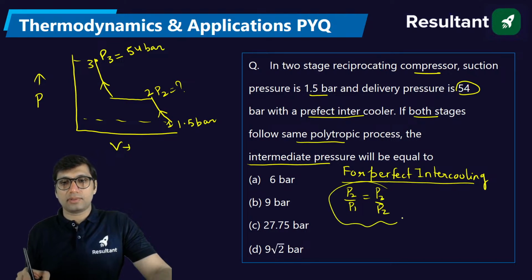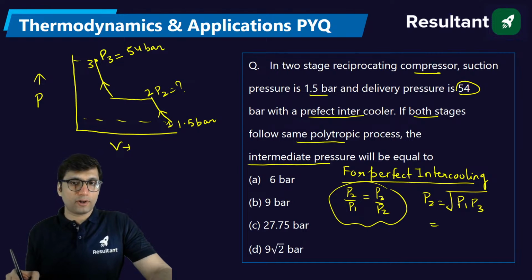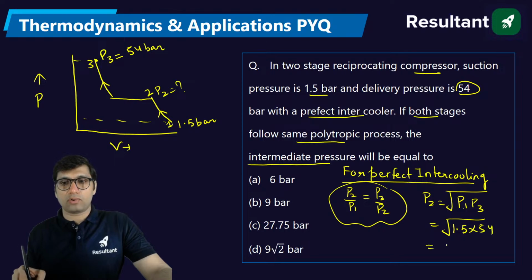Based on this concept, P2, the intermediate pressure, will be equal to the geometric mean of the suction pressure of the first stage and the delivery pressure of the second stage. So when you put these values here, you get 1.5 into 54, which comes out to be 81, and the square root of 81 is 9 bar. So the answer will be 9 bar.